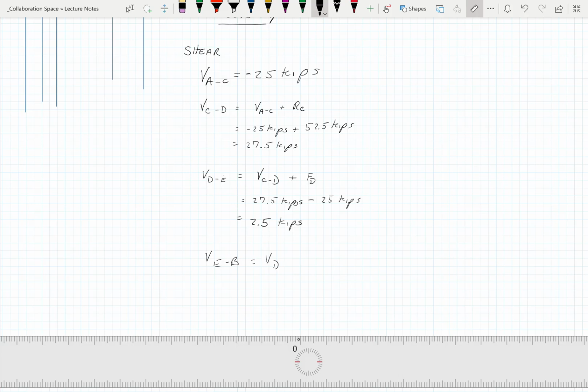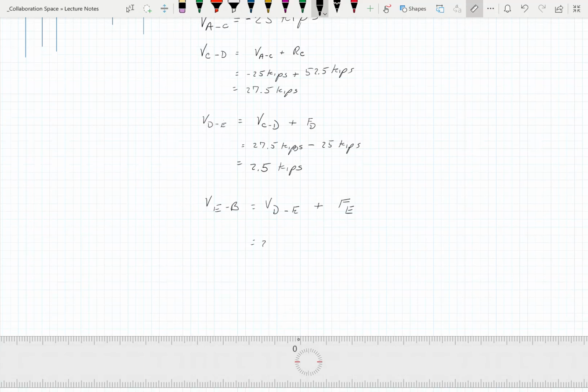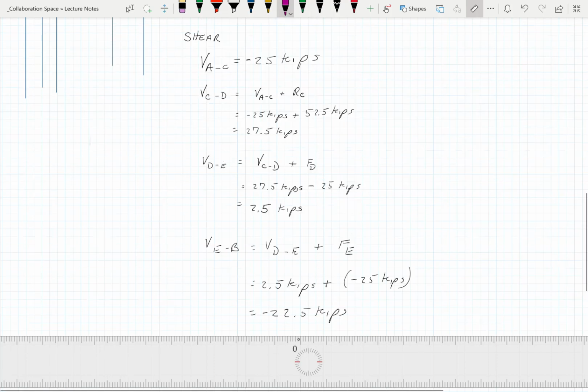So that is V_DE plus the force at E. Cool. All right. So 2.5 kips plus a negative 25 kips should give us 22.5 kips that are negative, correct? So I come back up here to the drawing.